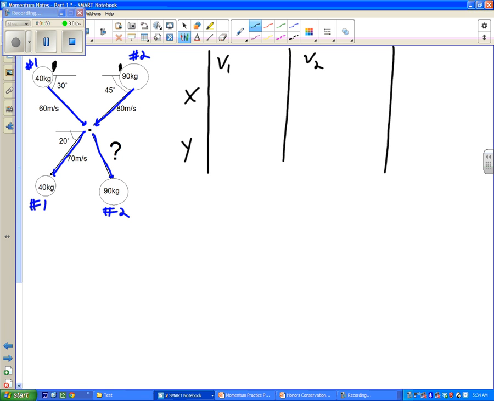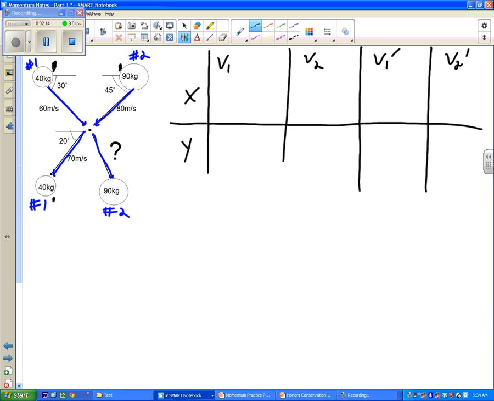And I'm going to run out of room. We have velocity 1 after the collision. That's this guy down here. And we have v2 after the collision.